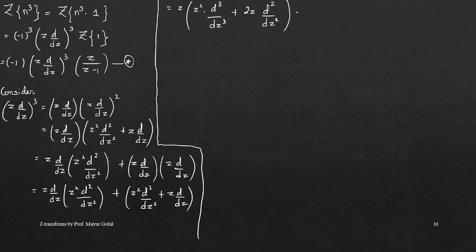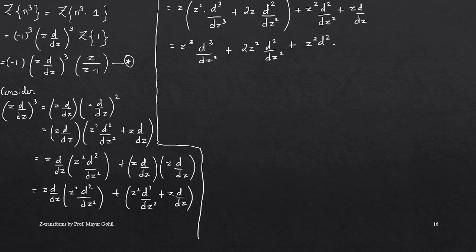So you multiply that, and here it is z² d²/dz² plus z d/dz, and this will be z³ d³/dz³ plus 2z² d²/dz² plus z² d²/dz² plus z d/dz.